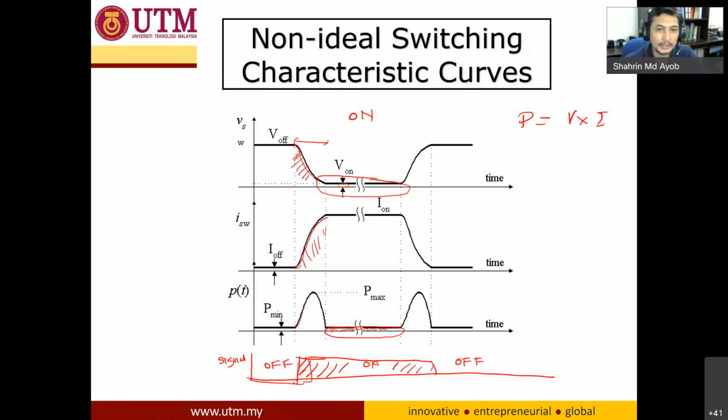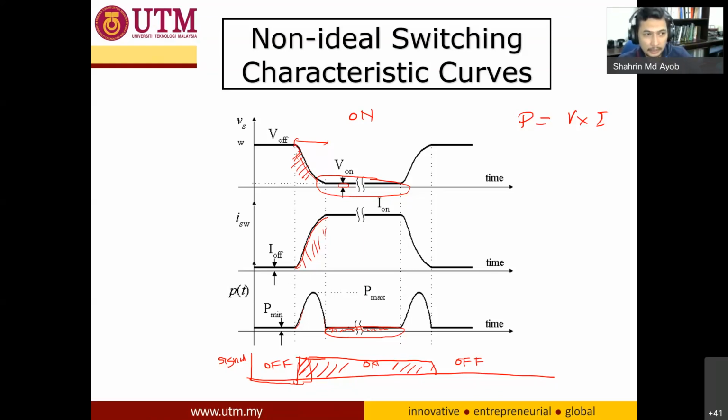So this is the characteristic of the real switch, or practical switch, and it is very contradictory with the ideal switch. Just to clarify, the ideal switch is actually not real. It's not available in the market. The ideal switch is more for simulation purposes, just to study whether the circuit is fully functional or not.